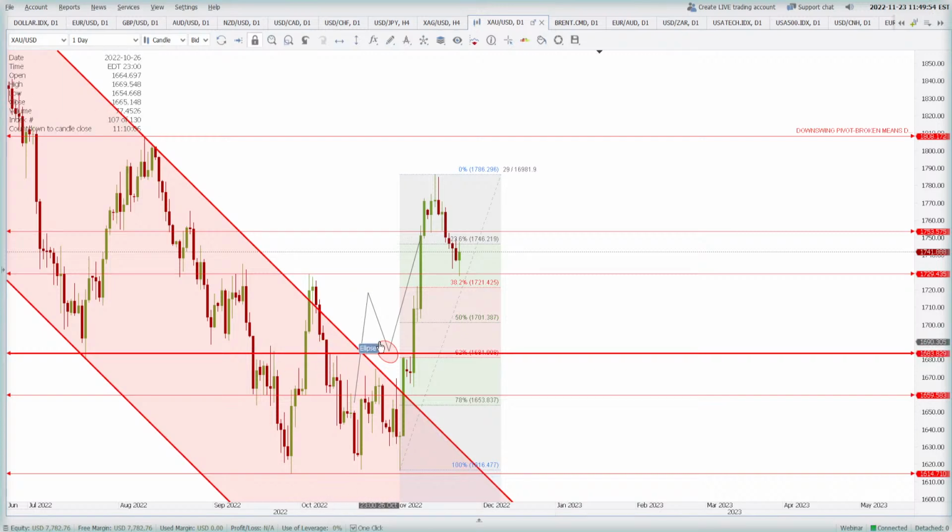I said bullish double bottom because this low and this low are relatively on almost the same level, but this low could not go lower than the previous low. So this is a bit bullish for me. And now this has been broken, so the price is here to test this as fresh support.